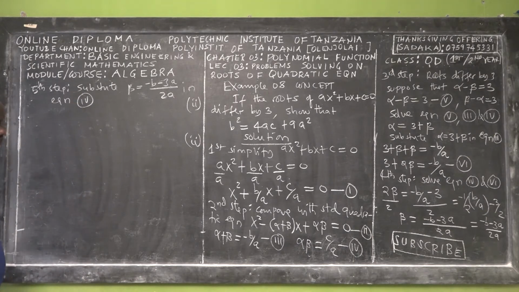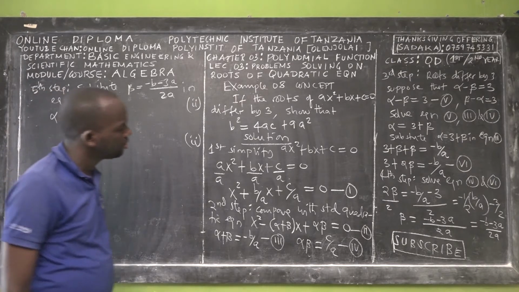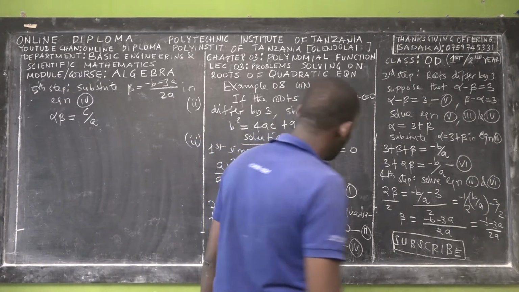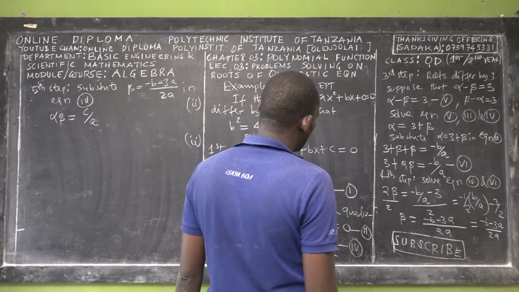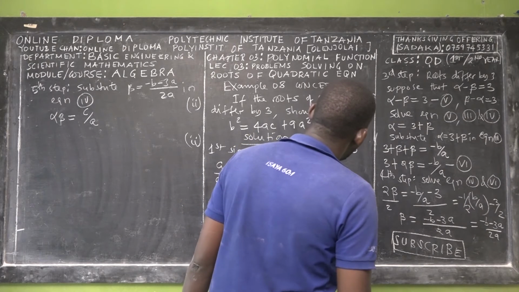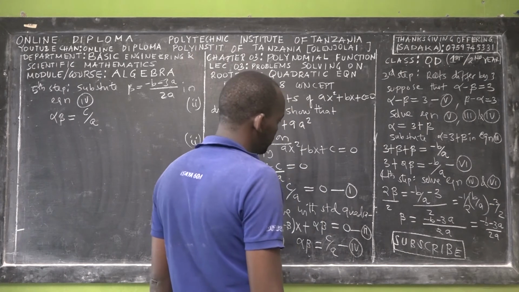In equation 4, alpha times beta is equal to what? Is equal to c over a. So we have the value of alpha. Alpha is 3, that one.